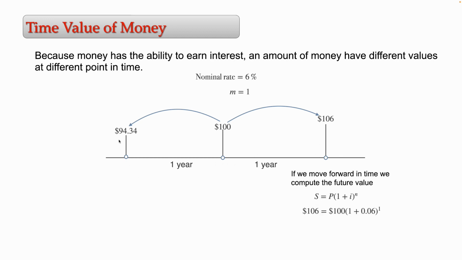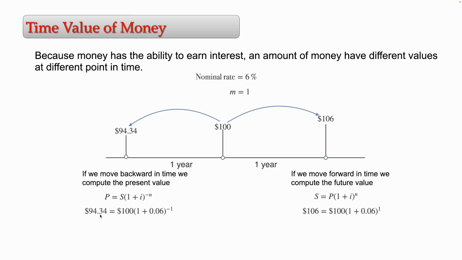And the same, at the other side, if we move backward in time, we compute the present value. And the formula of present value will be P equals S times (1 plus i) to the power negative n. In this case, the future value will be this $100. So it will be 100 times (1 plus 0.06) to the power negative 1.